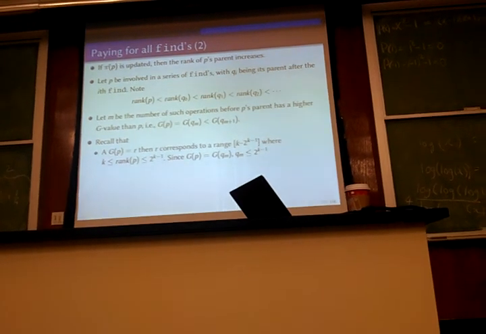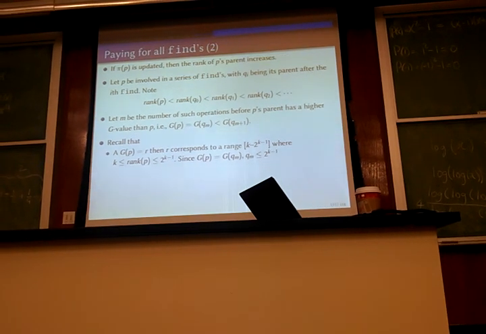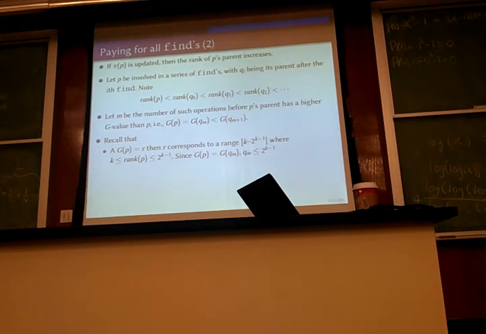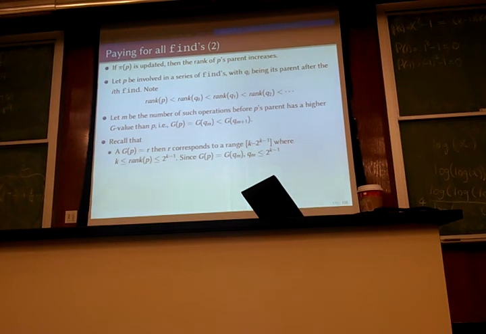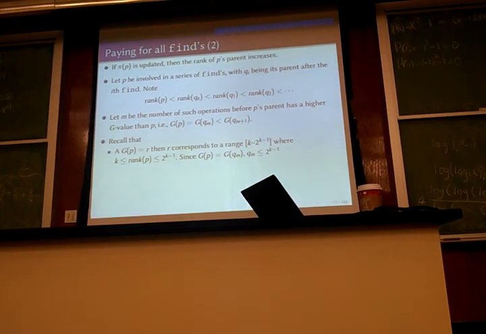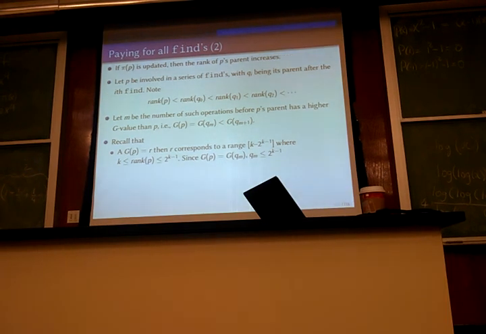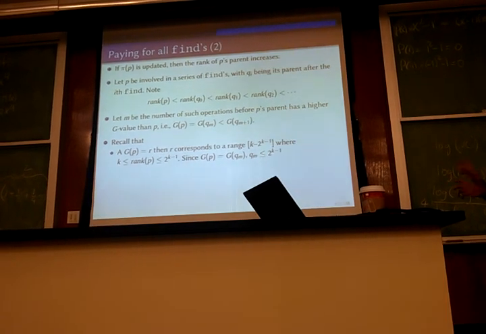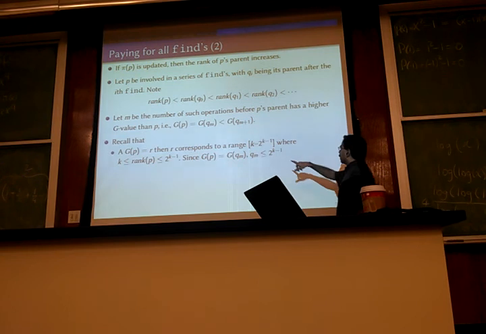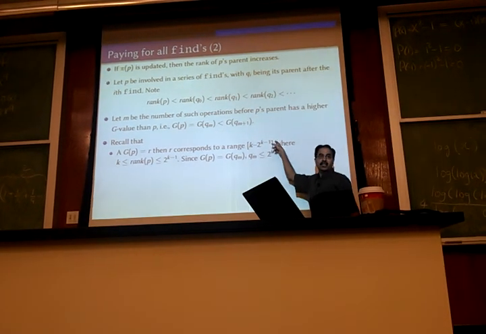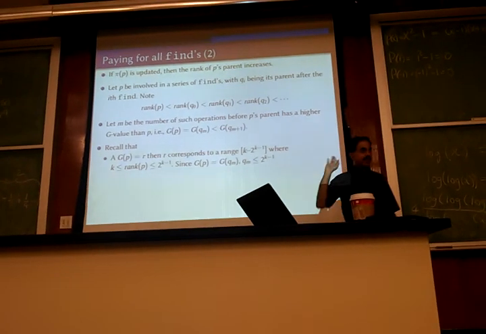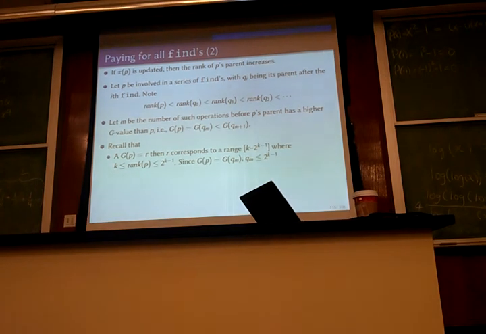So once you have done these 2 to the power k minus 1 promotions, you don't have to pay for the cost of the promotion anymore from its allowance. So that way you have shown that the allowance is enough to move this through this range, and then finally when it moves to the next range, you can charge it to find.